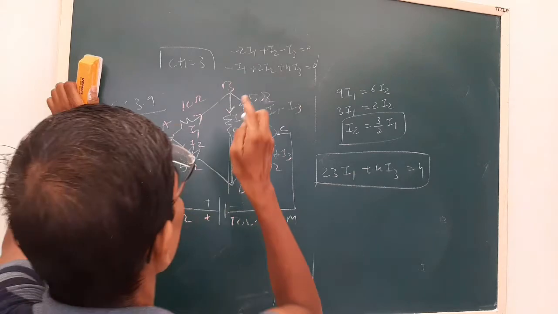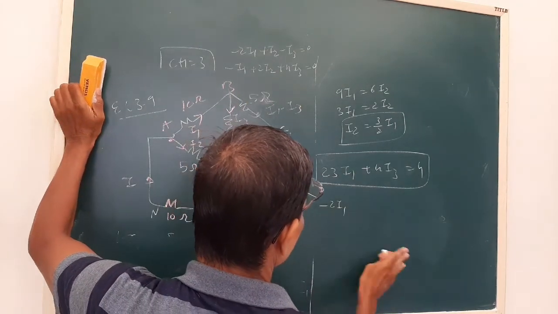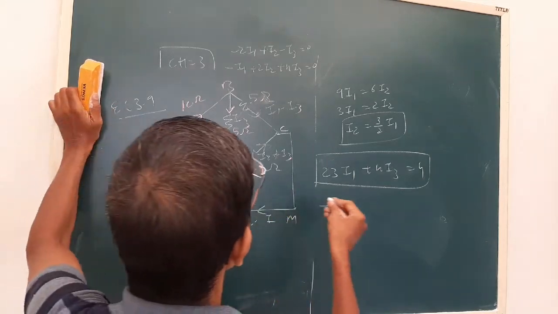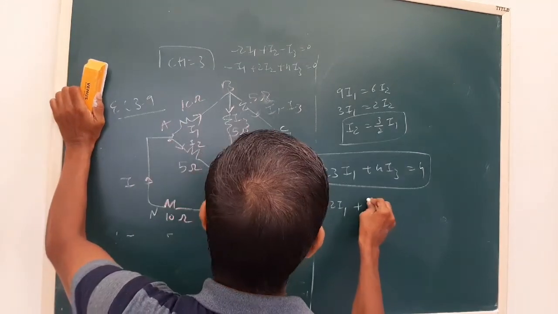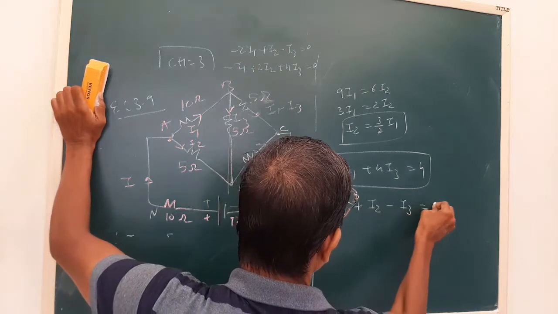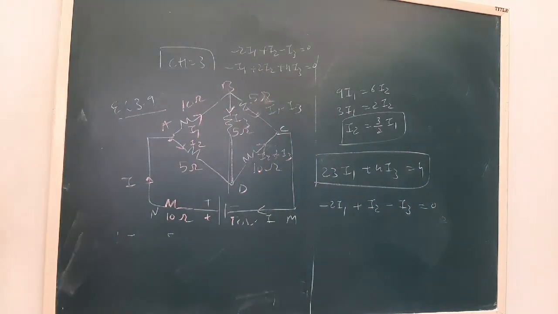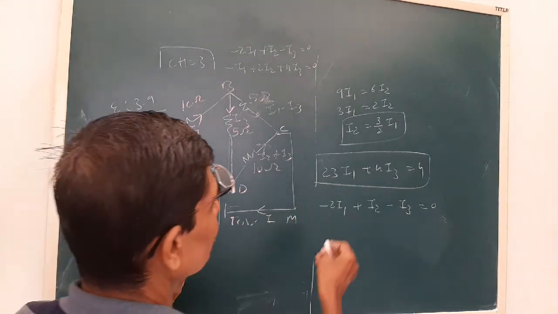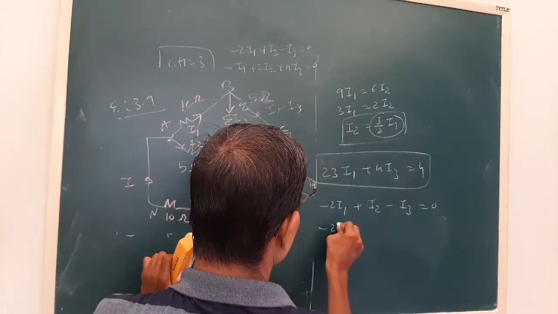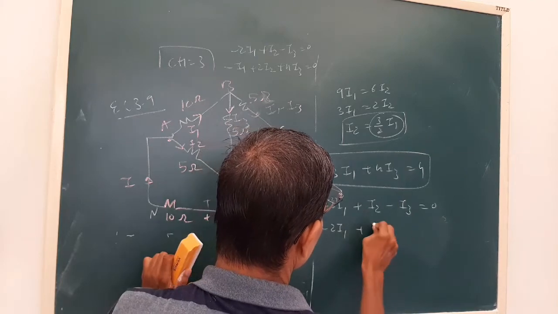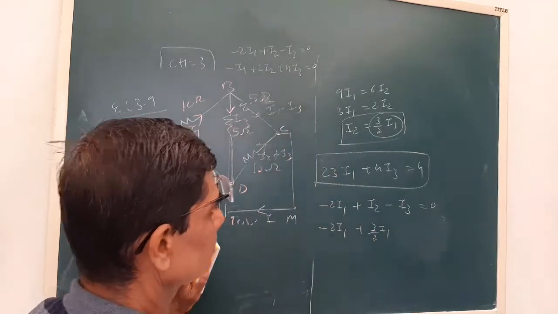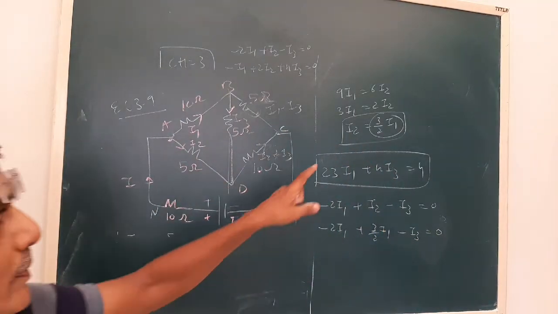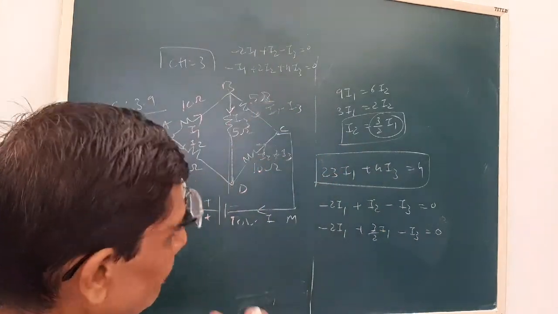Now minus 2I1 plus I2 minus I3 is 0. That is our equation. Now we want it in terms of I1 and I3. So if I substitute I2 is 3 by 2 I1, minus I3 is equal to 0. Why we have obtained I2 is 3 by 2 I1. Now we simplify.